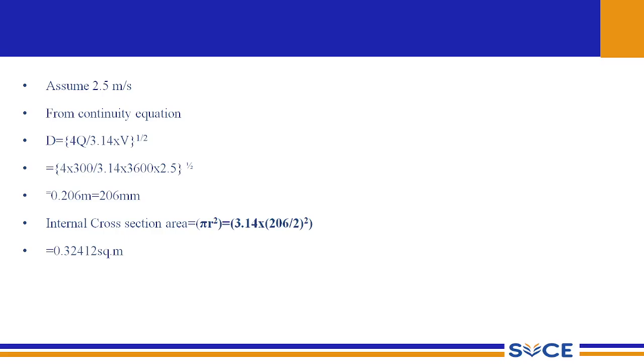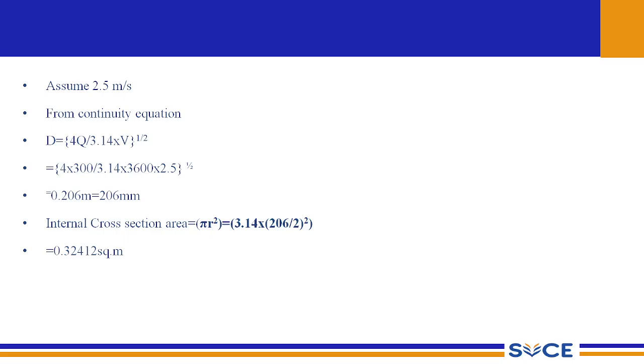The continuity equation is Q equals A times V. So the area can be written as pi D square by 4 because of the circular cross section. So D is equal to the square root of 4 times Q, that is the flow rate, divided by 3.14 times the velocity.